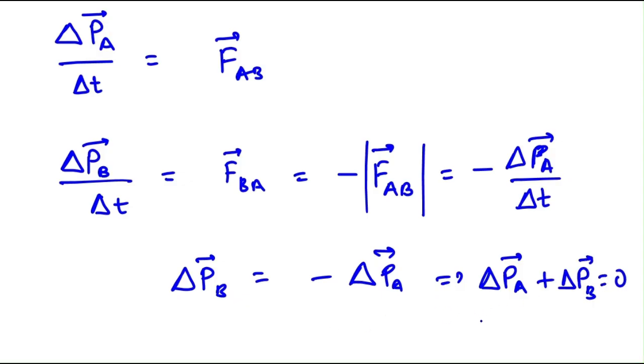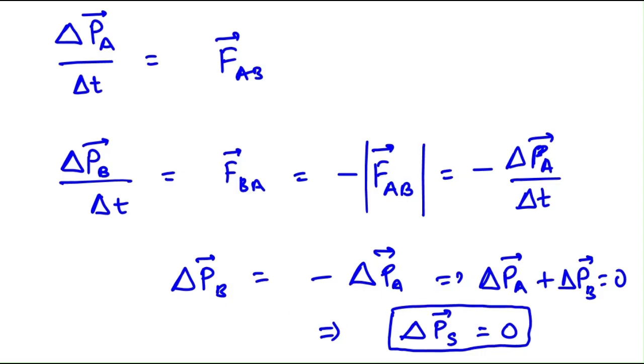Delta PA, the change in momentum of body A, and delta PB, the change in momentum of body B, is nothing but the total change in momentum of the system, and this is coming to 0. What does it mean? There is no change in momentum of the system. Here system means the two bodies, a system which includes body A and body B. And of course, there is one condition.